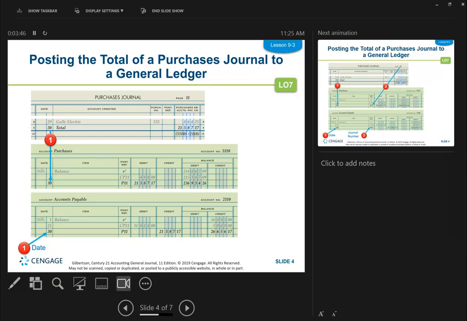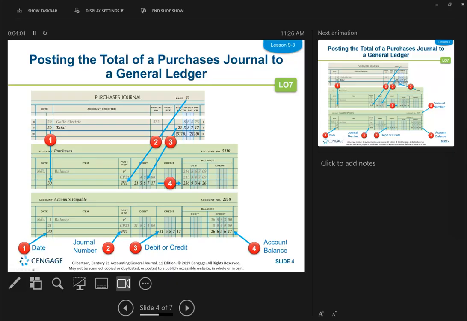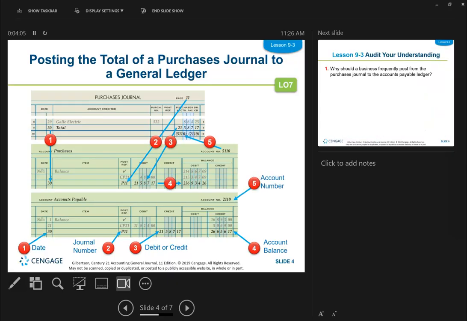So again, we date those two entries. We transfer the page number of the purchase journal to the post reference. We record the debit and credit accordingly. Update our totals. And then reference the two places on the purchase journal of where we're taking that number to.